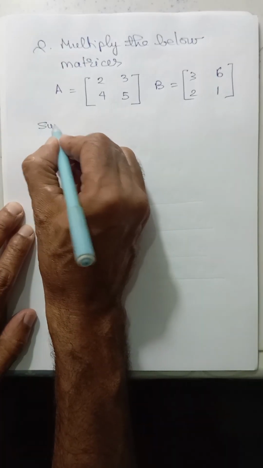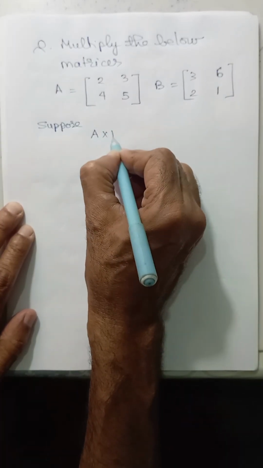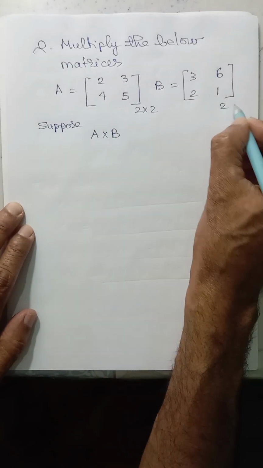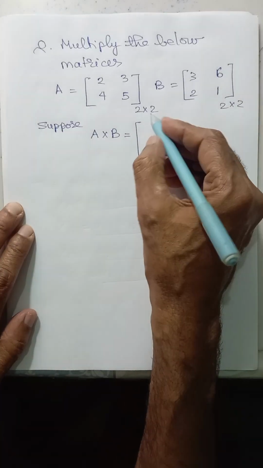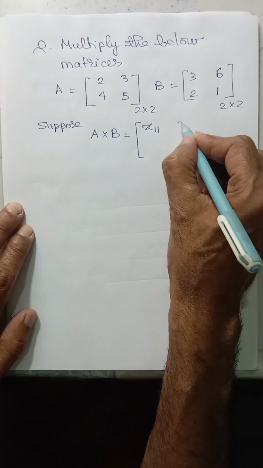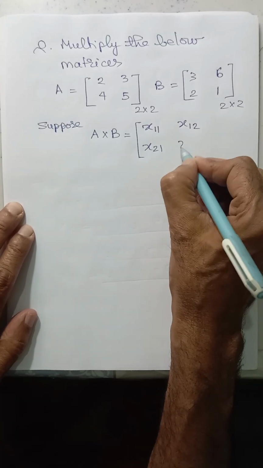Suppose A into B. A is of order 2 into 2, B is of order 2 into 2, so the result of A into B will also be of order 2 into 2. Suppose it is x11, x12, x21 and x22.